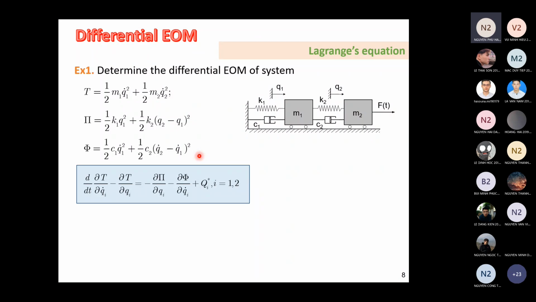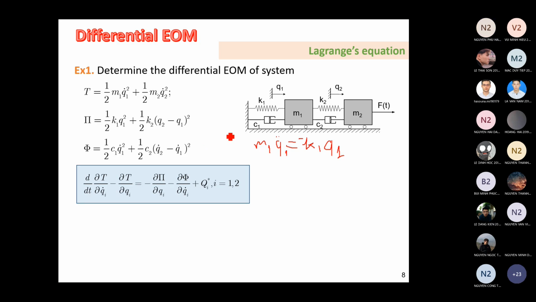The first equation is for generalized coordinate Q1. It is M1 multiplied by Q1 double dot, equal to K1 multiply Q1, minus K1.